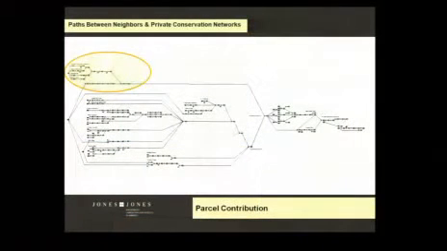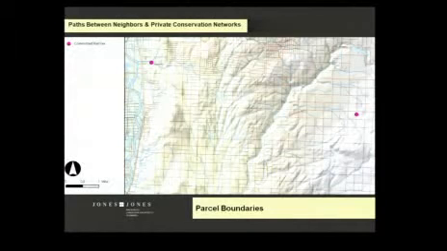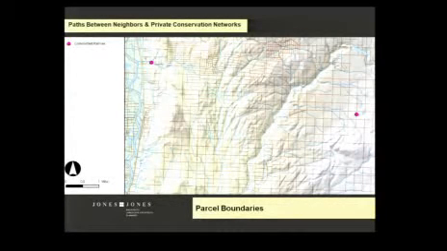So the next contributing input is the parcel contribution, which determines a parcel's potential use in this network. Well, there are a large number of parcels of different sizes that exist between the two property owners. What we have to do is determine which of these parcels is suitable and not suitable for use in this network.